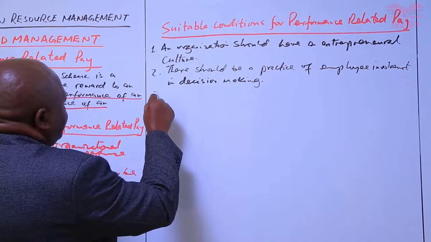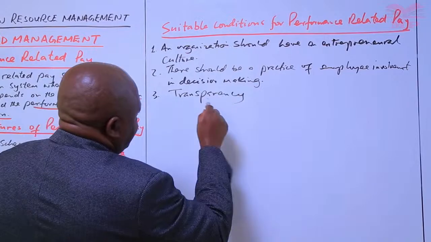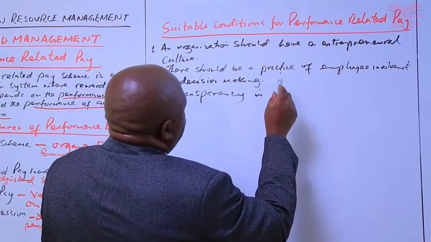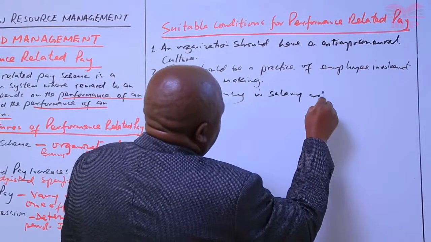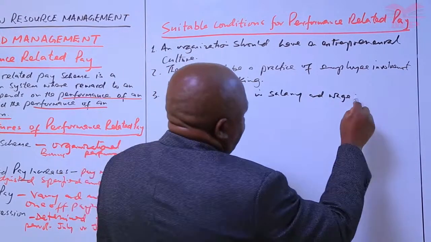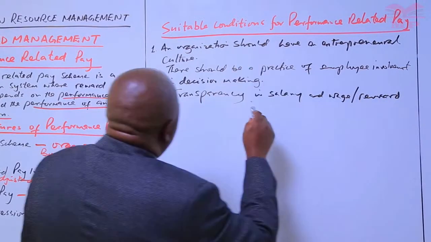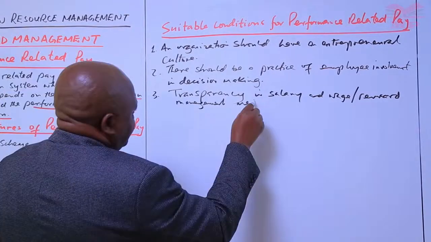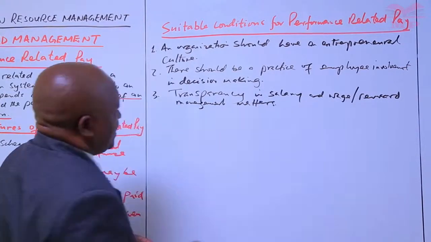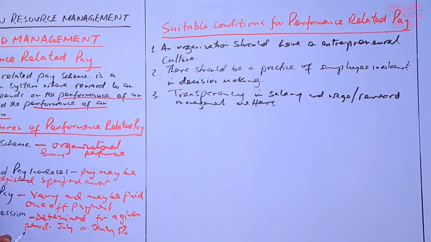And then number 3, transparency in salary and wage, or what you are calling reward management matters. There should be transparency so that workers can have confidence in this particular system.